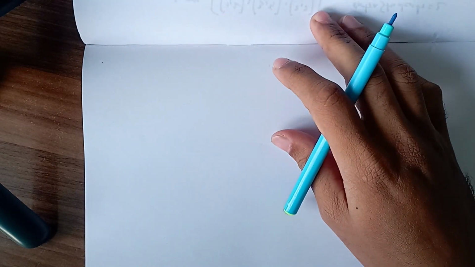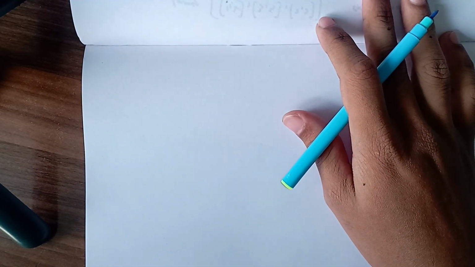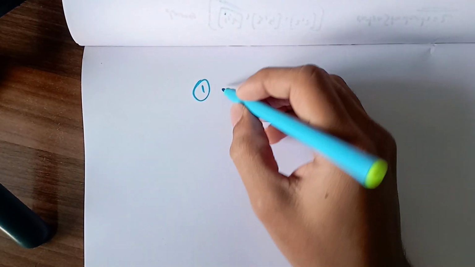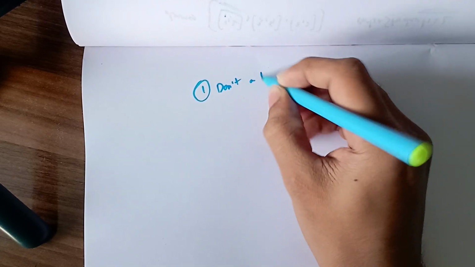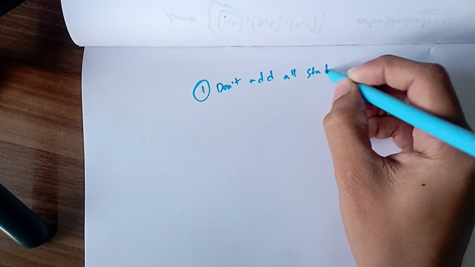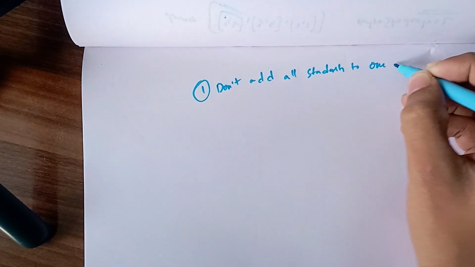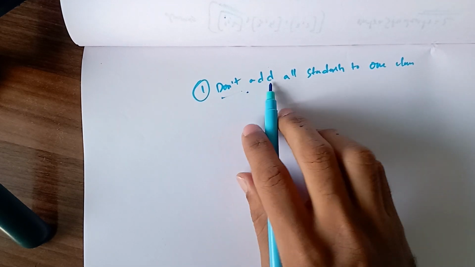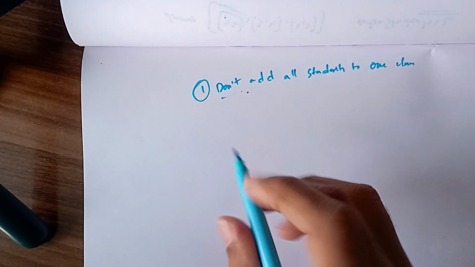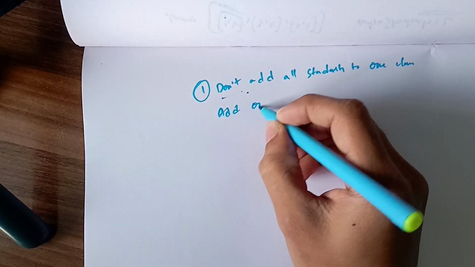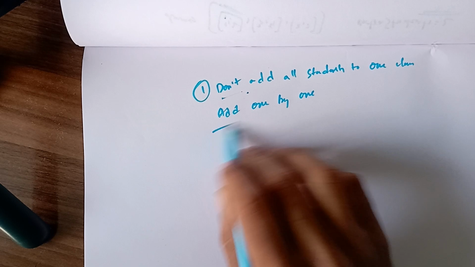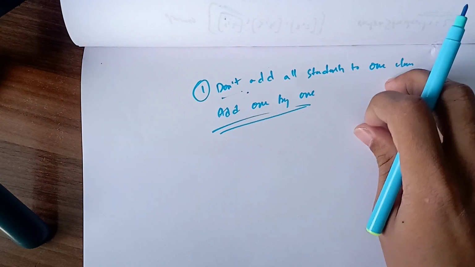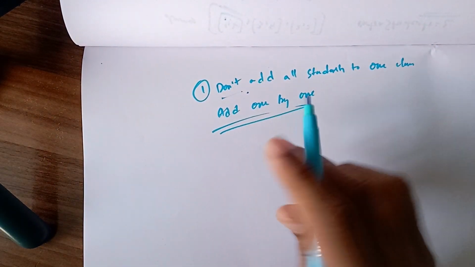Now, how do we compute this? The first observation is: don't add all students to one class. Since adding all students to one class is the wrong assumption, we need to add them one by one.